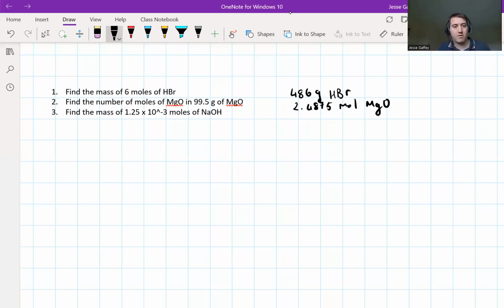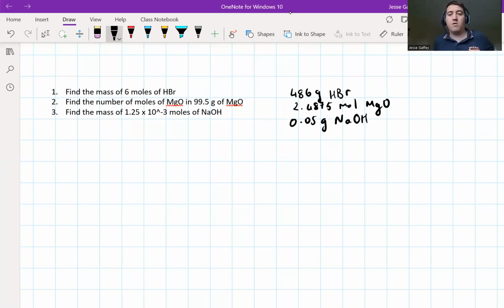Well done if you got that right. And then the last one is 0.05 grams of NaOH. Okay, so hopefully you got those all right.